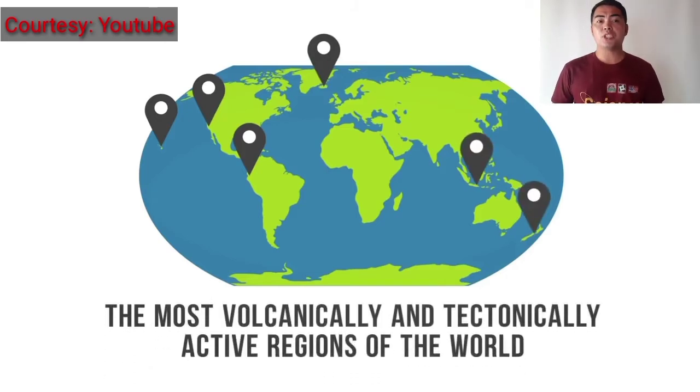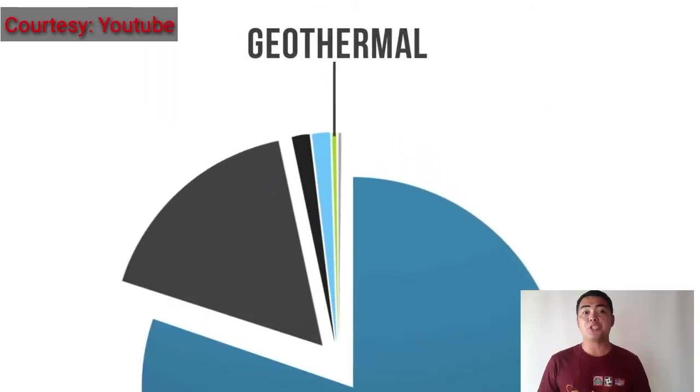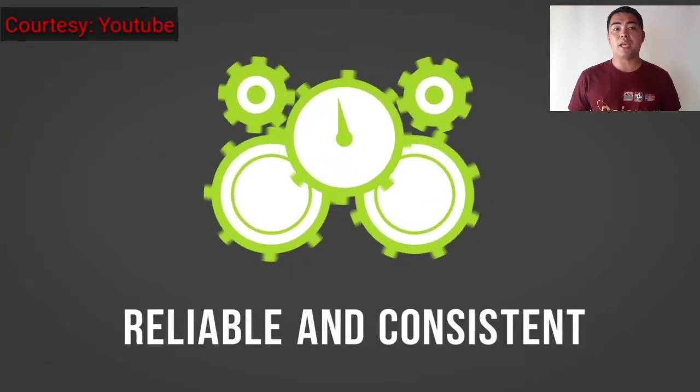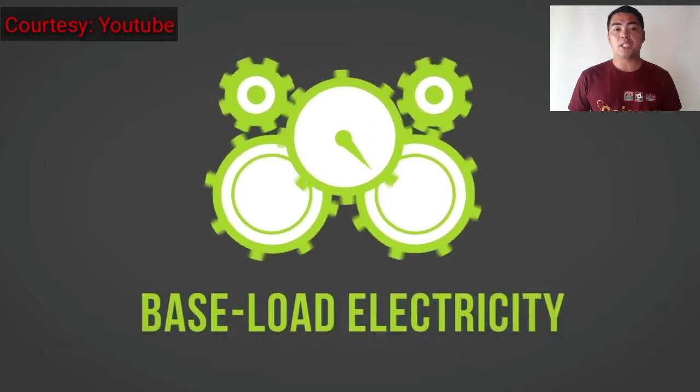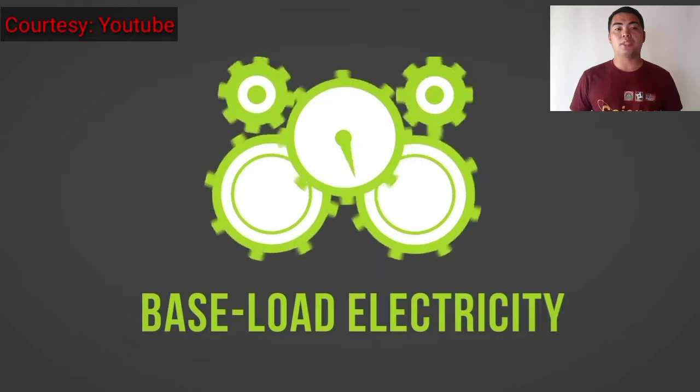So, geothermal energy is currently small in the world's energy mix. One of the key advantages is its reliable and consistent power generation, which means it can provide base load electricity.